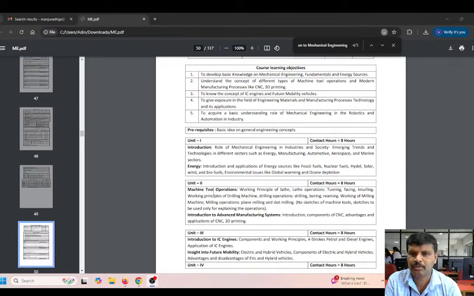Unit number 2 is completely on machine tool operations. For example, if we take the drilling operation, even there we should know the importance of mechanical engineering.